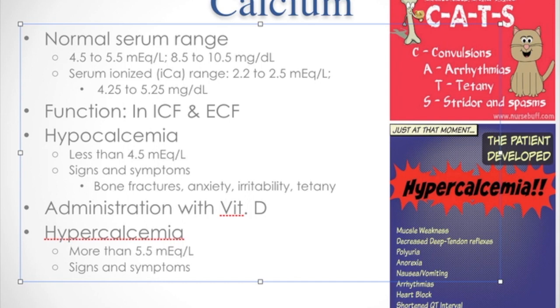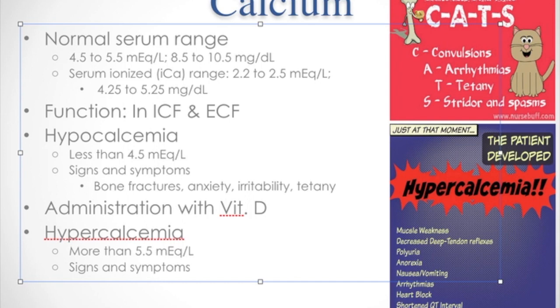If you have too much calcium, you have hypercalcemia, and some signs and symptoms of that would be muscle weakness, decreased deep tendon reflexes, anorexia, nausea, vomiting, arrhythmias, and it could progress to heart block.